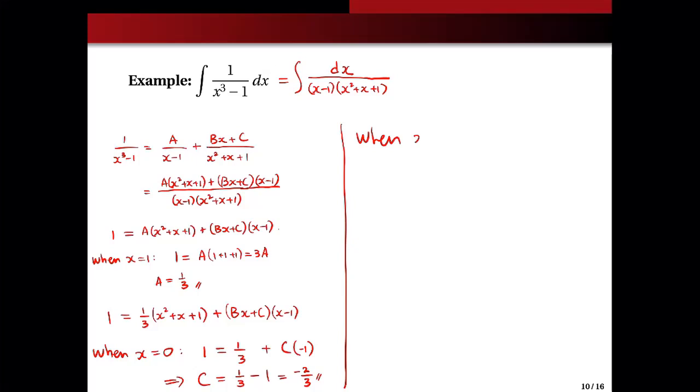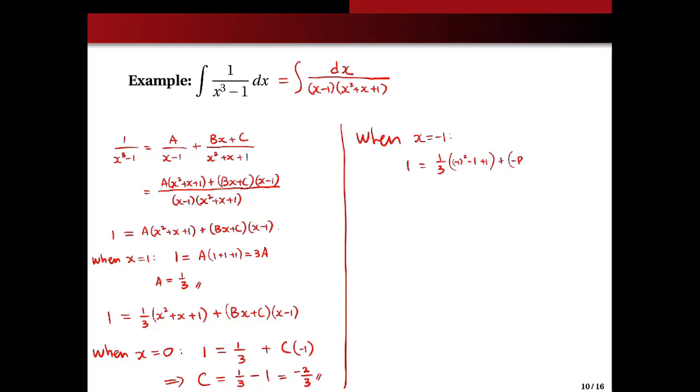When x equals negative 1, the left-hand side is still 1. On the right-hand side, we have 1/3 times negative 1 squared plus negative 1 plus 1, and then plus the quantity bx, where x equals negative 1.